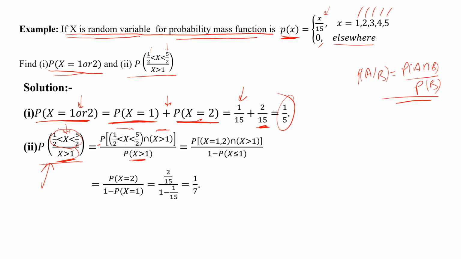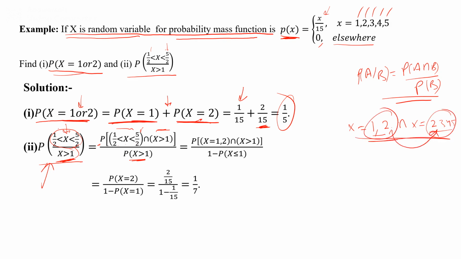So what does it mean here? The x lies between 1 by 2 and 5 by 2. What are the values of x? It can be 1, 2, not 3, because 5 by 2 means 2.5. And the intersection with x greater than 1: when x is greater than 1, it takes 2, 3, 4, 5, right? So the intersection of these two is 2.